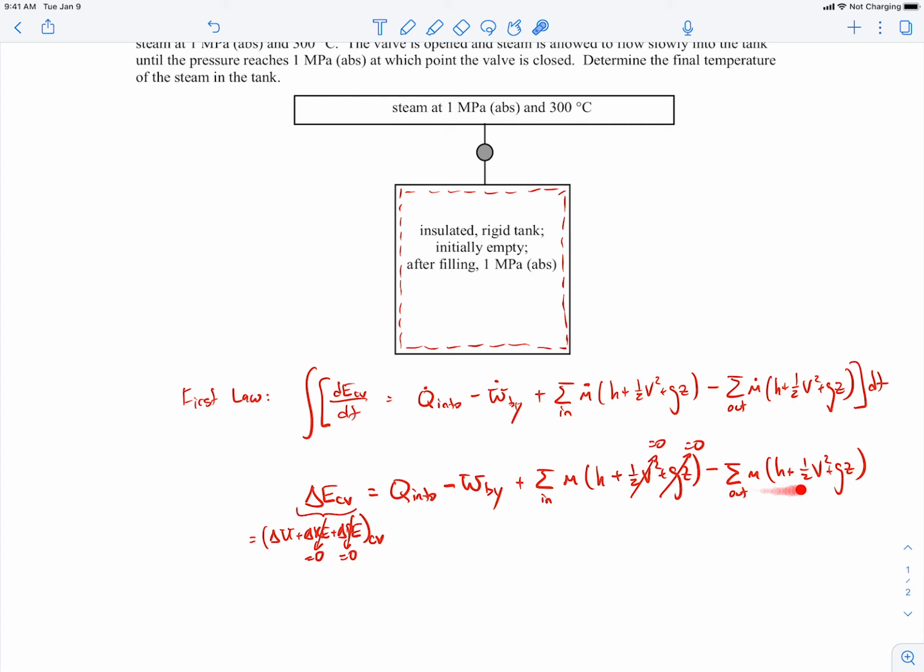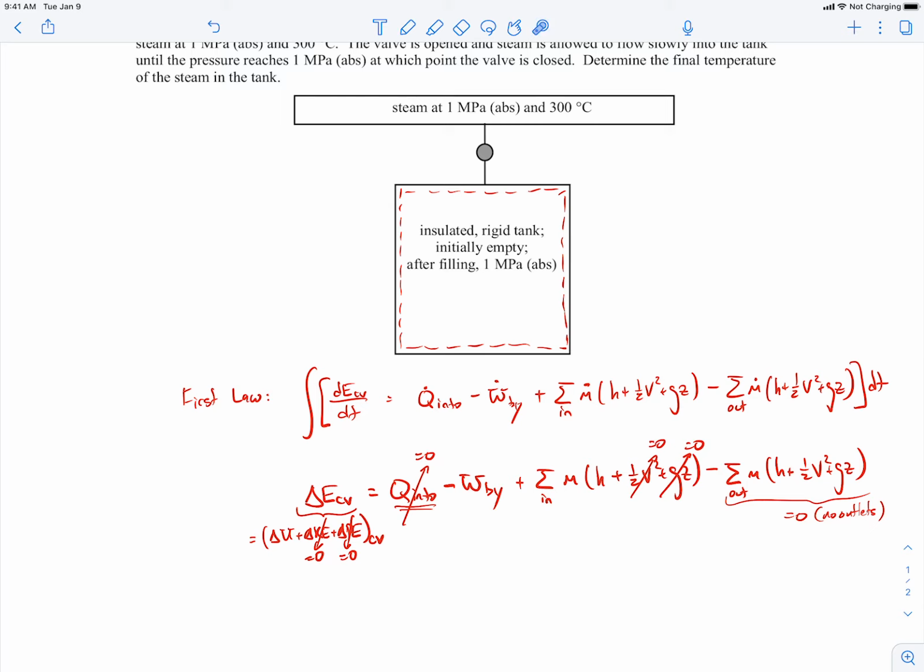Now, as far as the mass going out, there is no outlet in this tank, so that term is just zero because there are no outlets. So we don't even have to worry about that. The heat transfer into the control volume is going to be zero because it's insulated. So we're going to assume that there is no heat transfer, so that's zero.